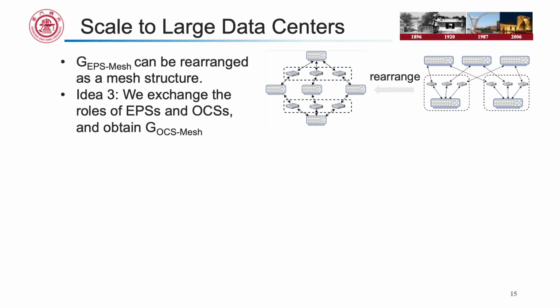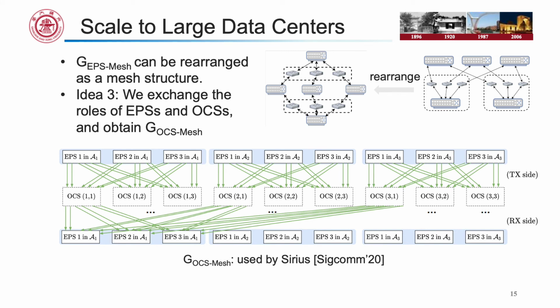We can exchange the rows of the TOR switches and the OCSs and obtain a new topology. In this topology, all the OCSs are arranged in a mesh structure. OCSs in the same row or in the same column connect to the same set of TOR switches.